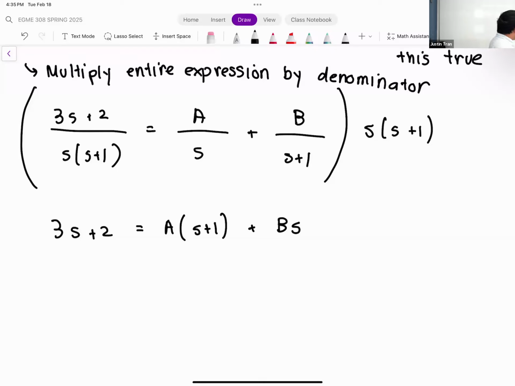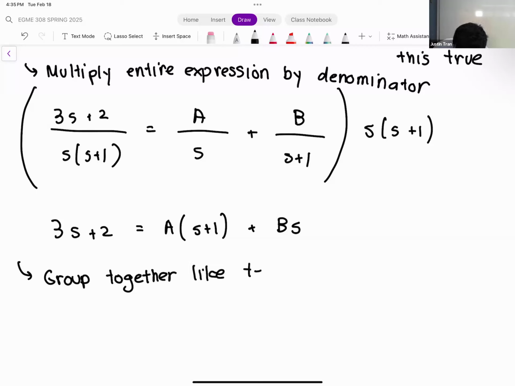Okay. So next thing that we have to do with this expression here is we're going to group together like terms. So just like we did with undetermined coefficients, and so this should be very familiar.